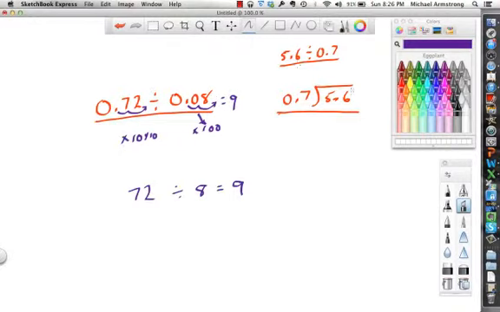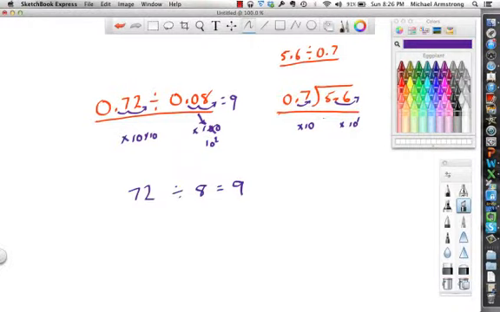Now, this one, we're going to move the decimal as well. This time it only needs to be moved one place. And we're still going to multiply by 10, or we're going to multiply by 10 to the first power. Okay, it just depends on, we could have written this one as 10 to the second power, and we just need to make sure we understand that 10 to the second power is 100. It's 2 powers of 10.